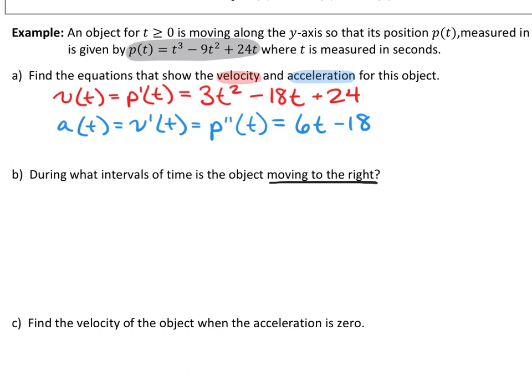So to be moving to the right, that means that my velocity is positive, because velocity tells me a direction as well as a speed. So if we want to know the direction, we would just need to know when velocity is positive. Okay, cool. So I'm going to take the velocity equation, which is 3t squared minus 18t plus 24.